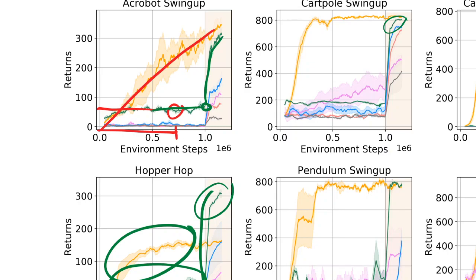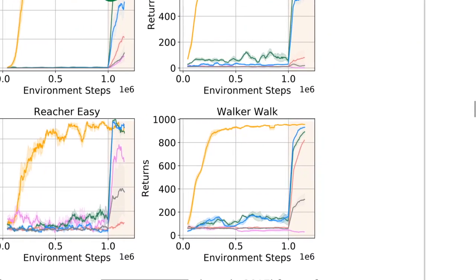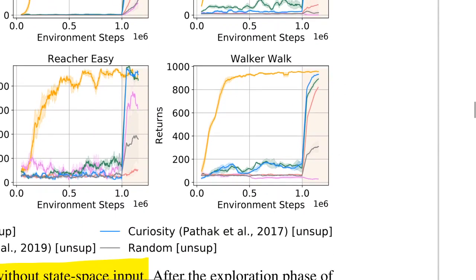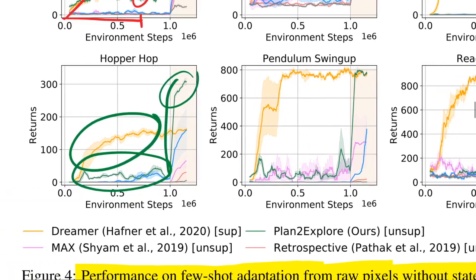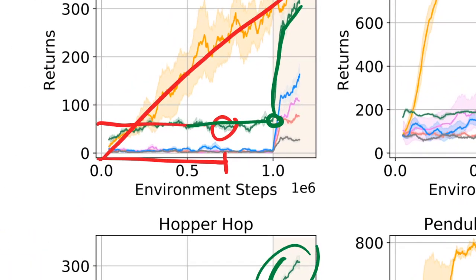The other thing I would like to draw your attention to here is that sometimes you see that Plan to Explore or the other curiosity methods actually get a reward before the reward kicks in, as we saw here, right? For example, right here. And this tells me that this is probably a property of the environment itself.